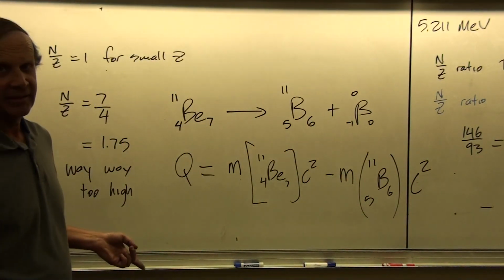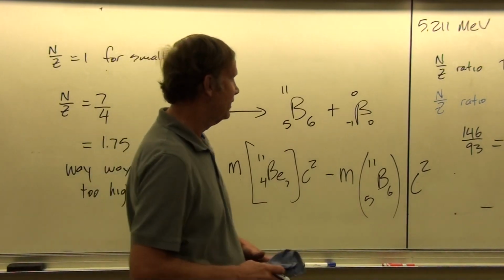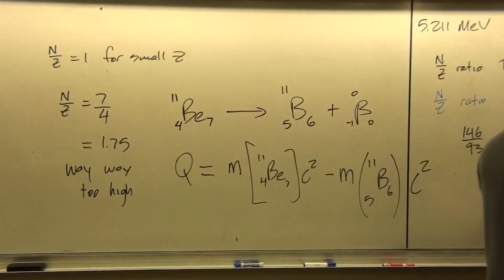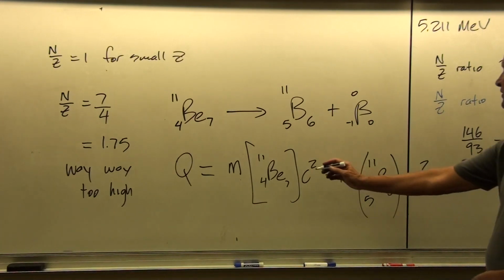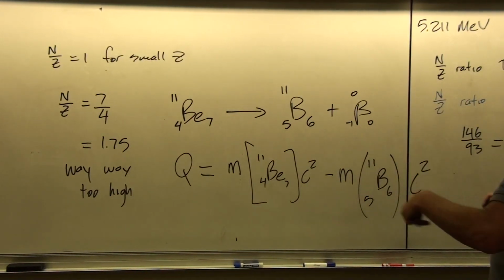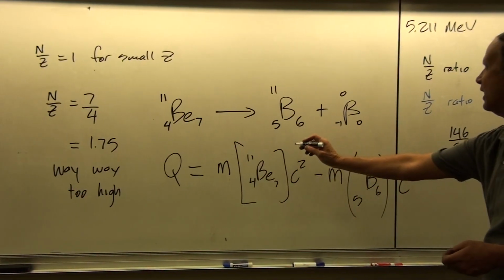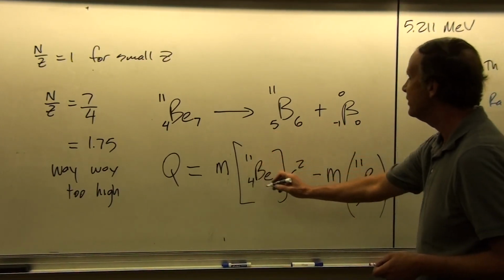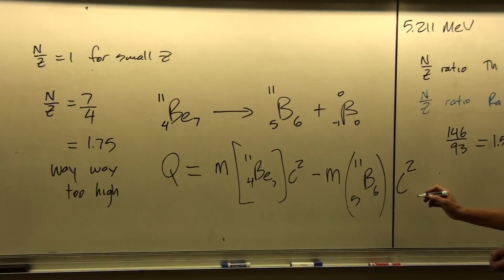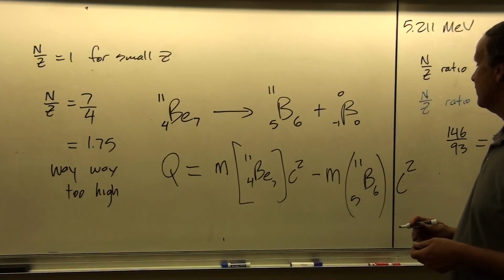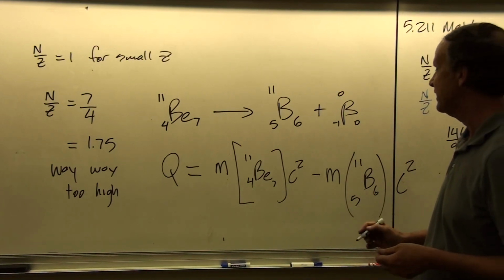What about the mass of the electron? Well, it turns out the mass of the electron cancels when you write this in terms of atomic mass numbers. You can show that the electron mass doesn't enter into the Q calculation. And that's something that I may show later, but I'm just going to state that for now.